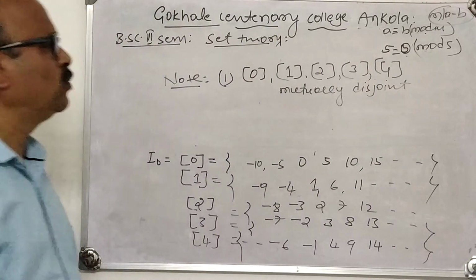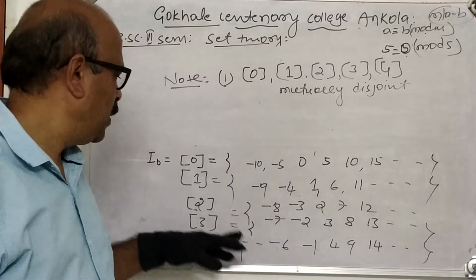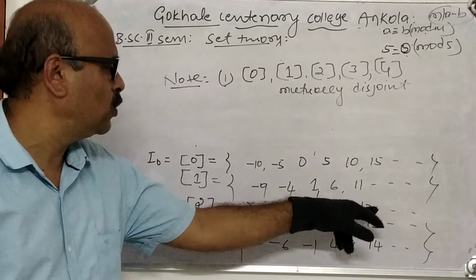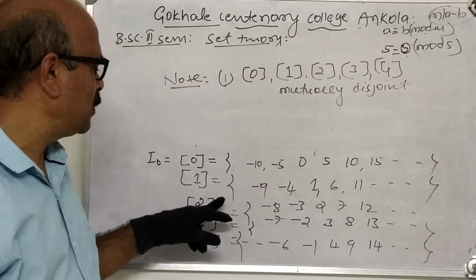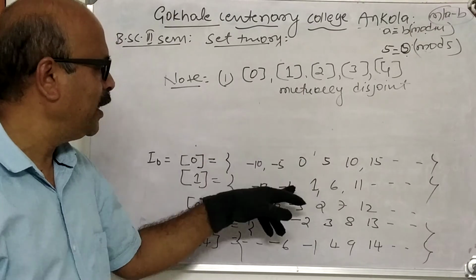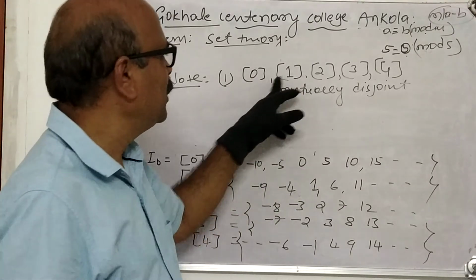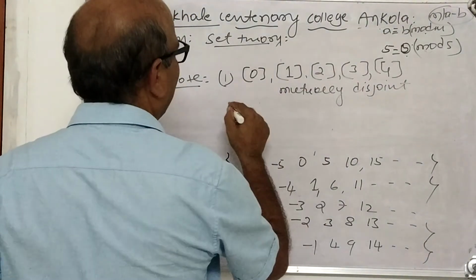What do you mean by mutually disjoint? Because they have no common elements. This class 2 consists of 2, 7, 12, minus 3, minus 8, and so on, but the elements in this equivalence class are not common with any other set. That means all these equivalence classes are mutually disjoint.